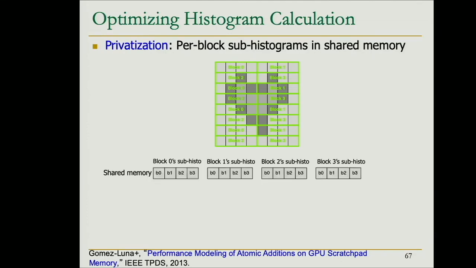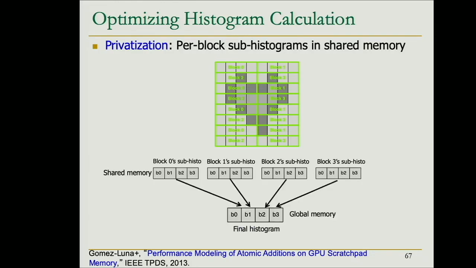Instead of having one single histogram in global memory for all the thread blocks that I'm going to run, I can have multiple subhistograms of the same size, as you see, in this case 4 bins, in the different shared memories, in the different SMs.